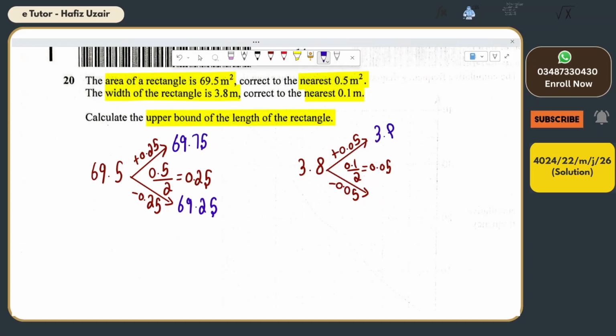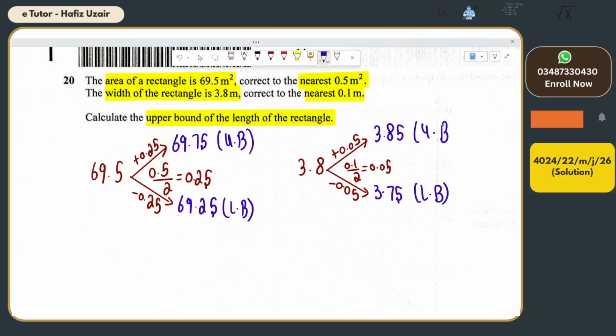So we have 3.85 and 3.75. 3.85 is the upper bound and 3.75 is the lower bound. Now, what is the formula for area? Area is equal to length times width, so length is equal to area over width.